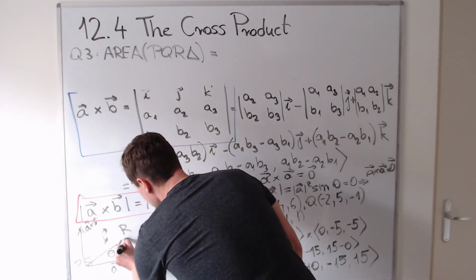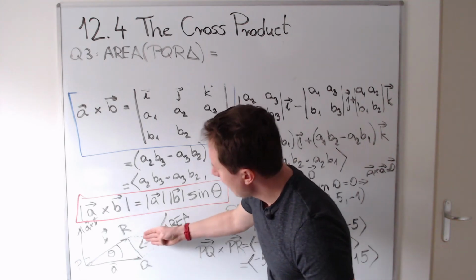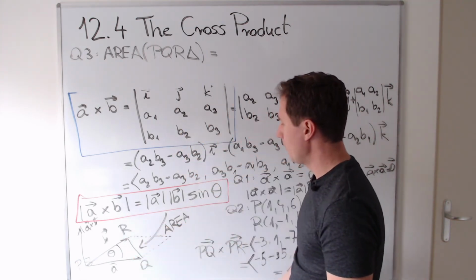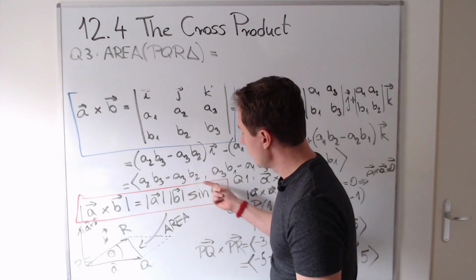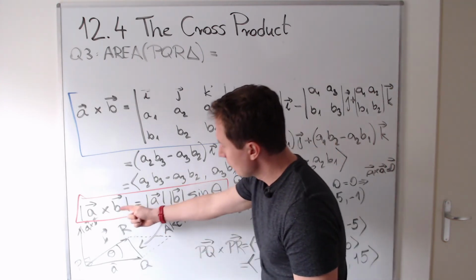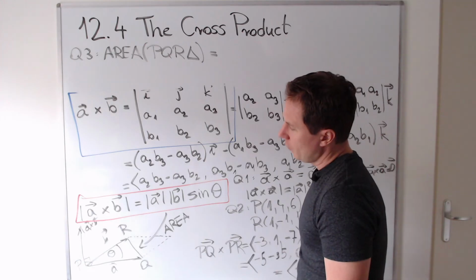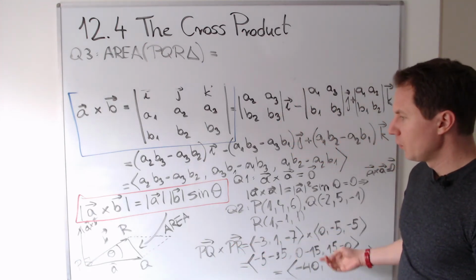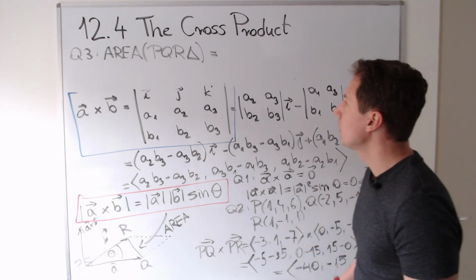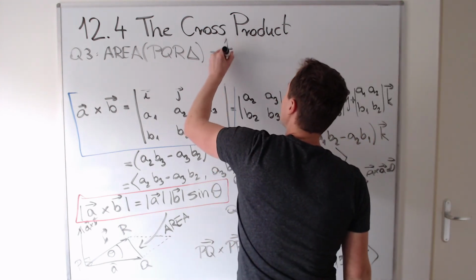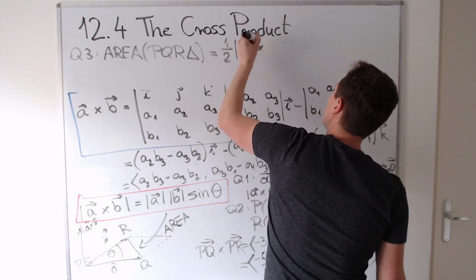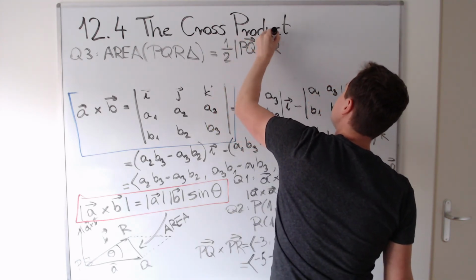We are interested in this triangle, which is exactly half of the area of that parallelogram, whose area is given by this formula, which is the length of the cross product. So all we have to do is take this cross product, compute its length and divide by 2. So it's half the length of the cross product of PQ and PR.